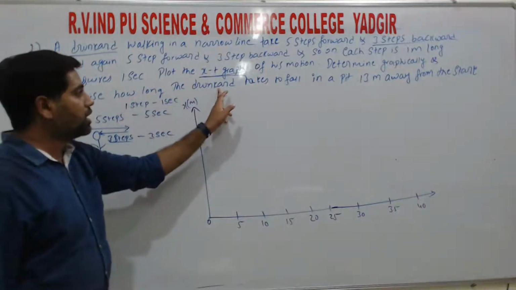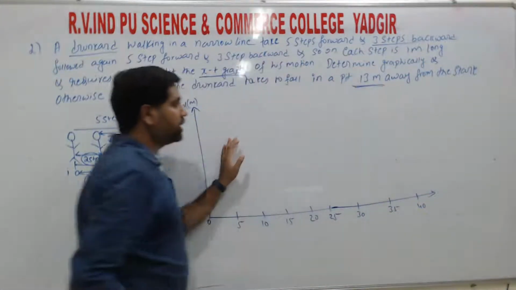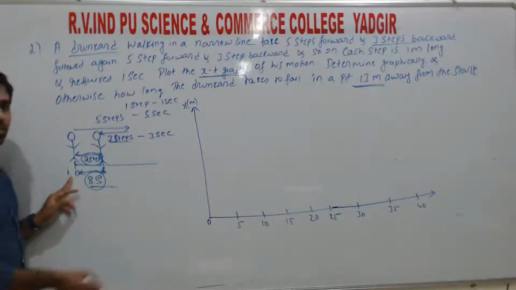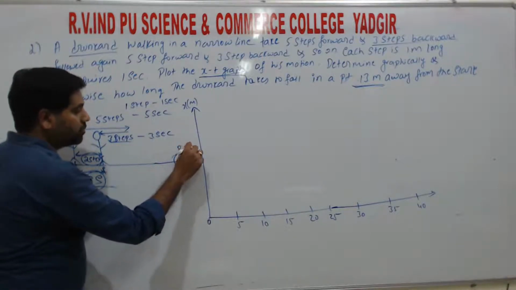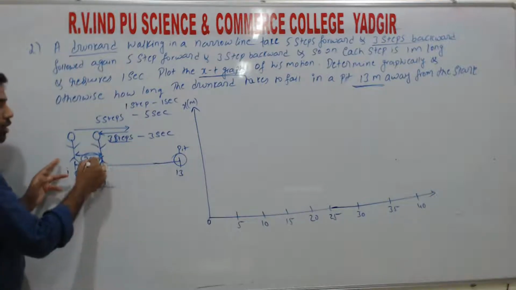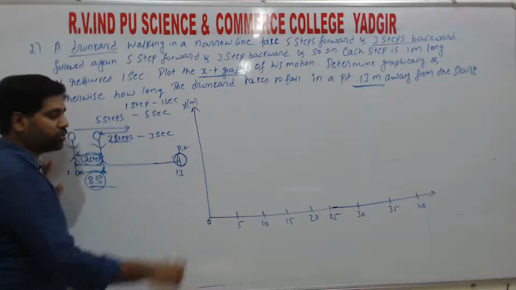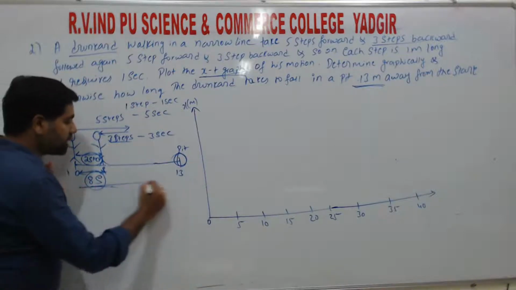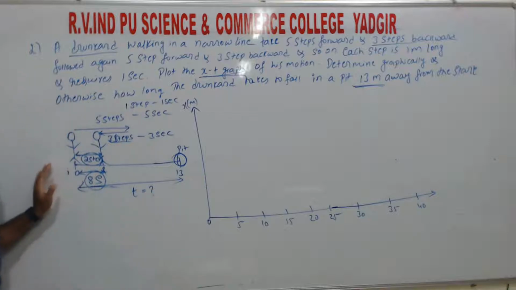Otherwise, how long does the drunkard take to fall in the pit 13 meters away? The starting point is 0, and somewhere here is 13 meters. Here a pit is there, right? As he moves forward and backward, forward and backward, finally he comes and falls into this pit. How much time will he take? We need to find that, right?